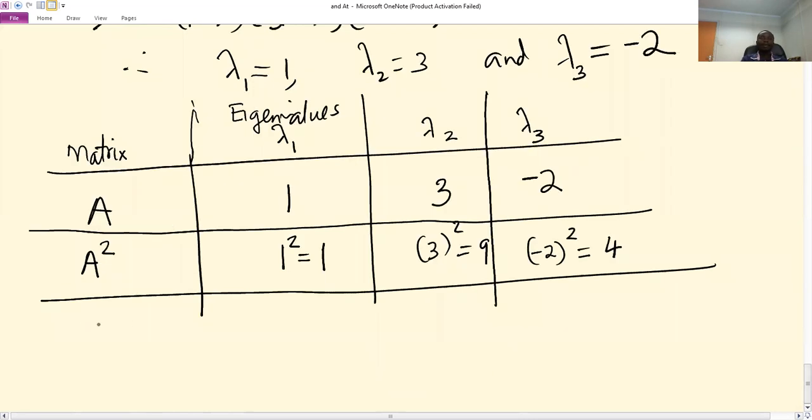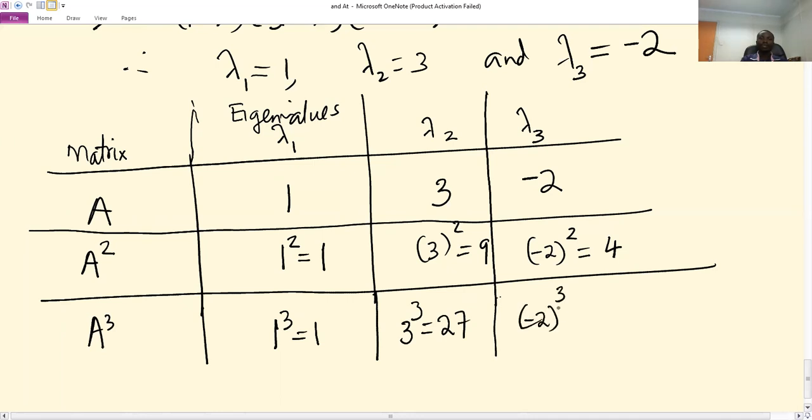For A power 3, we just take each eigenvalue and raise it to power 3. So 1 power 3 gives 1, 3 power 3 gives 27, and minus 2 power 3 gives minus 8.